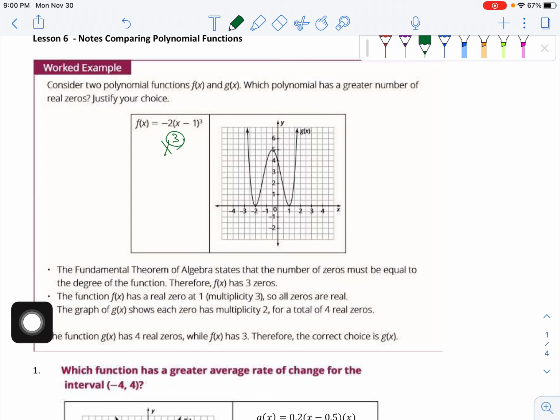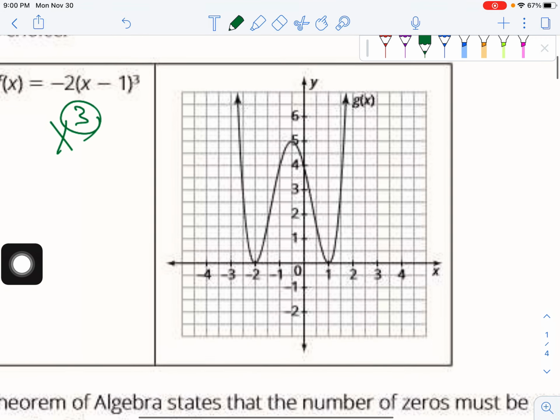Okay. And so then if we look at g of x, it shows each zero has multiplicity of 2. Now you might be looking to go, how do I know it has multiplicity of 2? Well, I'm going to zoom in on the graph here. Because this graph at this point doesn't just go through -2, it bounces off.